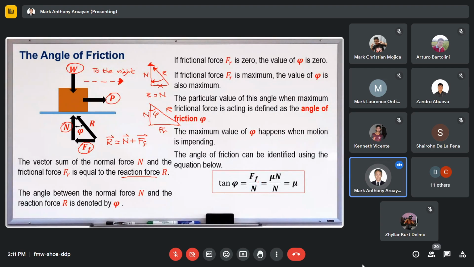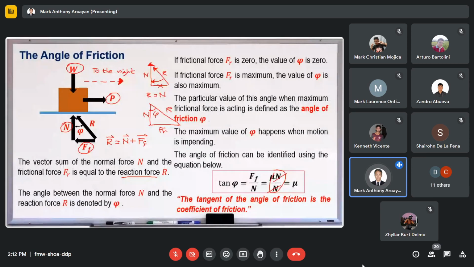We know the formula for the frictional force is mu N. Substituting, we have mu N over N. The N cancels out, leaving mu. Therefore, the tangent of the angle of friction is equal to the coefficient of friction.